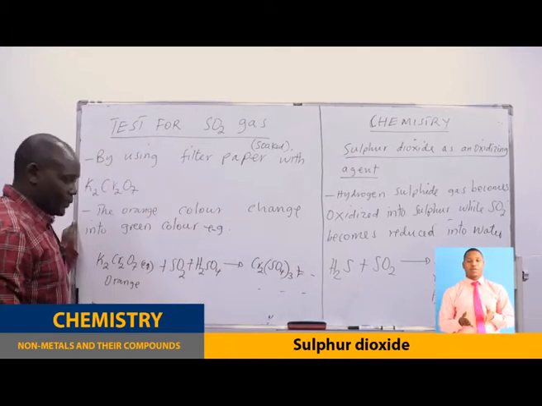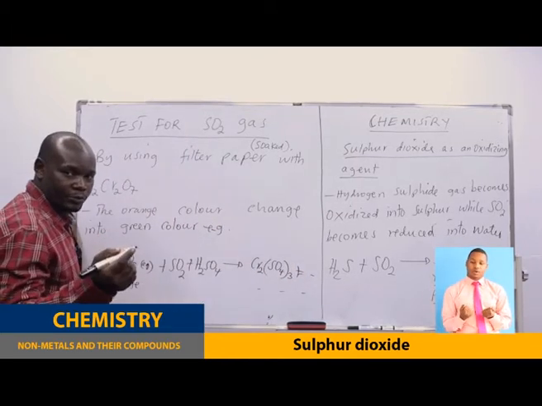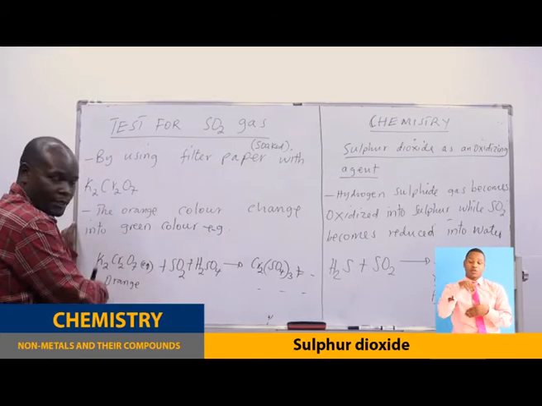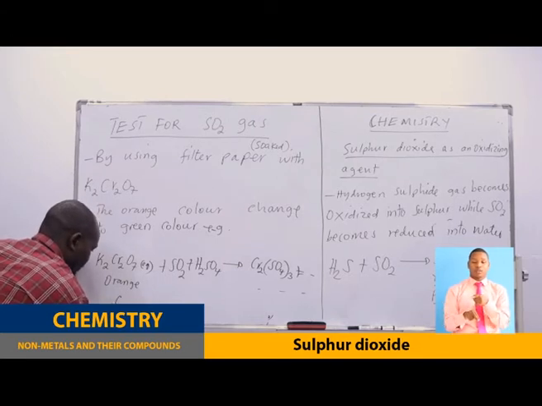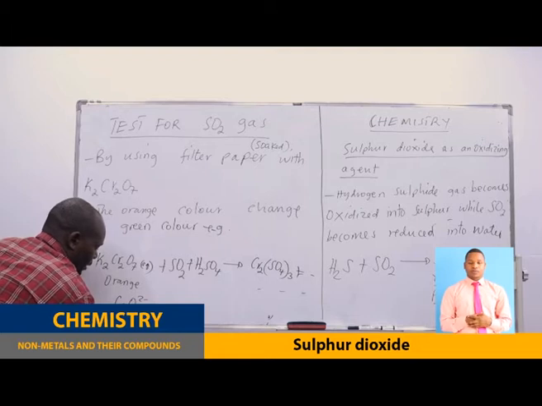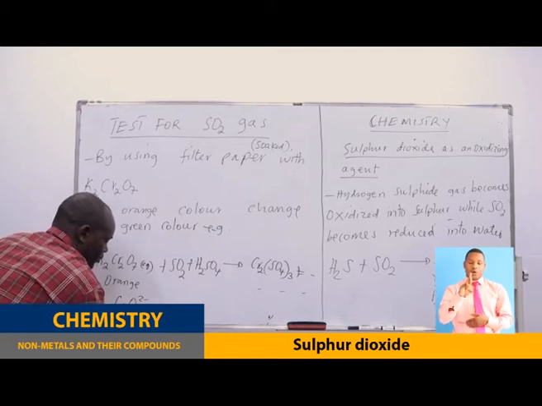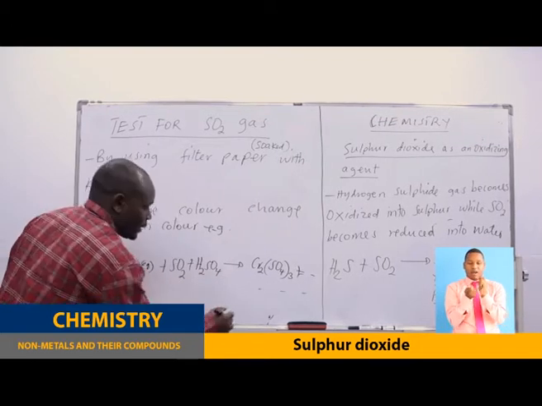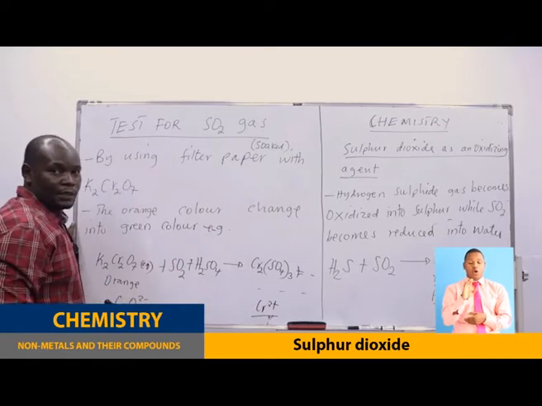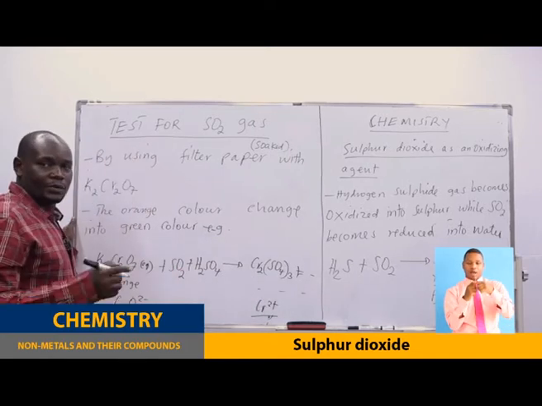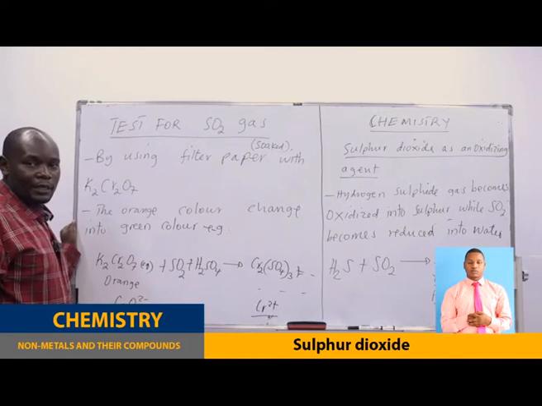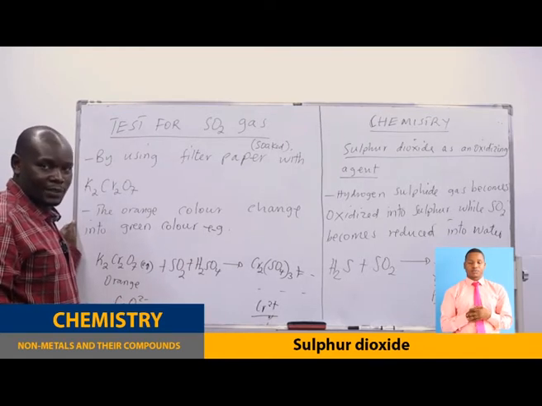You can complete that reaction. But what I'm telling you is that the orange color of dichromate changes into green color. The green color is due to the presence of chromium 3 ions. So chromium sulfate becomes green in color. That is how sulfur dioxide can be tested in the laboratory.